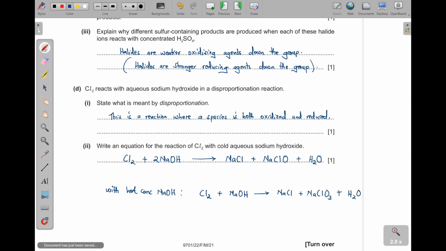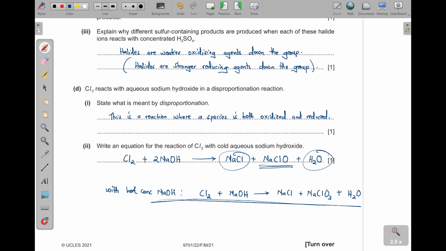This is the one you get. So you can balance this one. So with hot, it has to be this one here. With cold, sodium chloride and water, then sodium chlorate(I). With hot, you have sodium chloride, water, and then chlorate(V). You just put a 3 here. The balancing is left for you. So that is that.